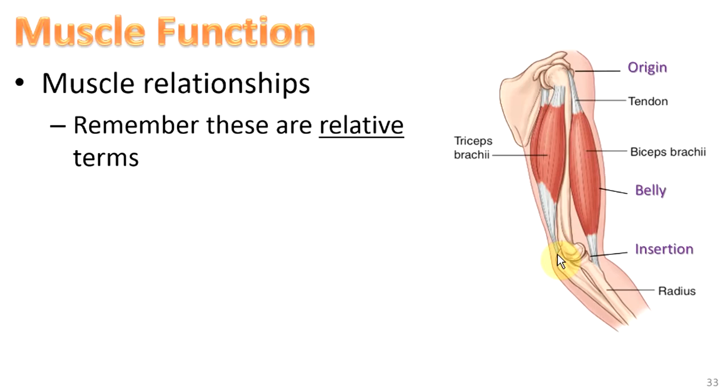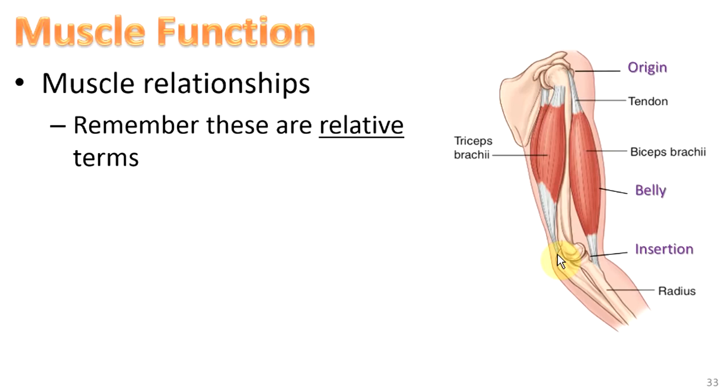Now here's something that's very important to understand. These terms that I've been using are relative, meaning they're related to whatever motion we're talking about. So the prime mover for elbow flexion is the biceps. But what if I asked you what the prime mover for elbow extension was? Okay, straightening the elbow. Well, now we change from the biceps being the prime mover and the triceps being the antagonist to now the triceps is the prime mover and the biceps is now the antagonist, because it's relative to whatever motion we're talking about.